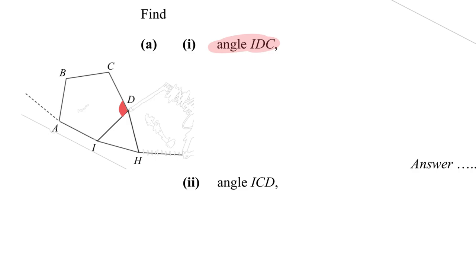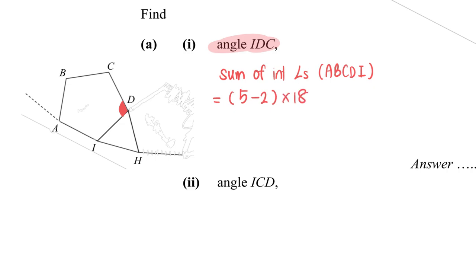You will notice that it is actually an interior angle of the pentagon ABCDI. So I am going to find the sum of the interior angles for the pentagon ABCDI, and this will be (5 sides minus 2) times 180, which gives me 540.